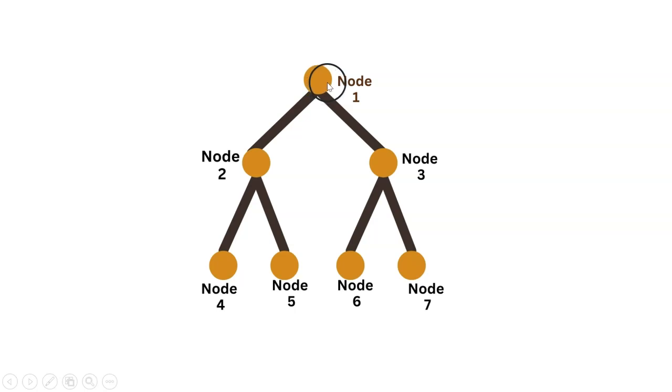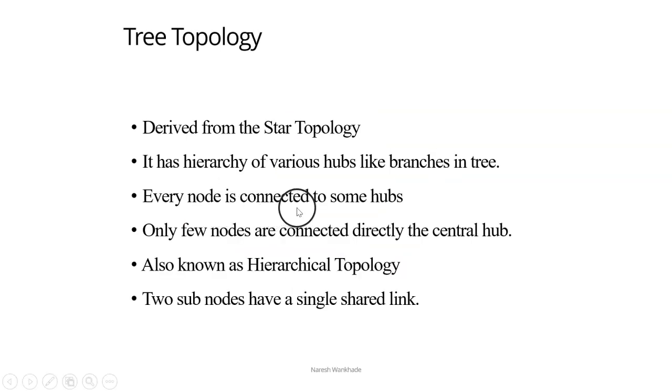There is one node at the root, that is known as the root node, and under the root node there are sub nodes. Means node 2 and node 3 are sub nodes here, and below that there are again 4 nodes, node 4, node 5, node 6 and node 7. So there is a hierarchical structure here in tree topology, and every node is connected to some hub.